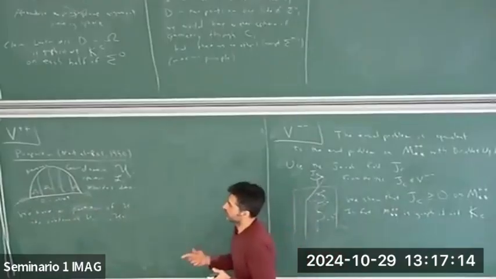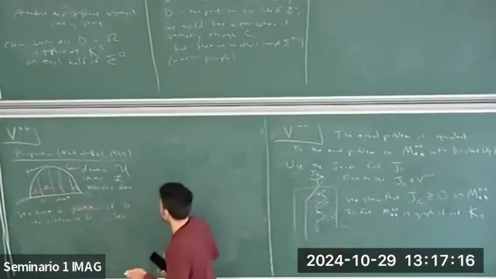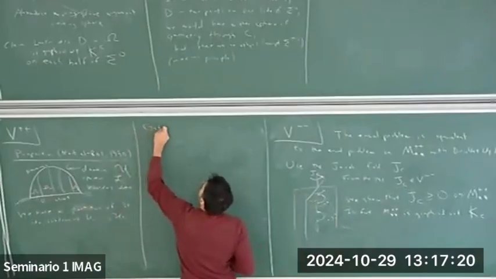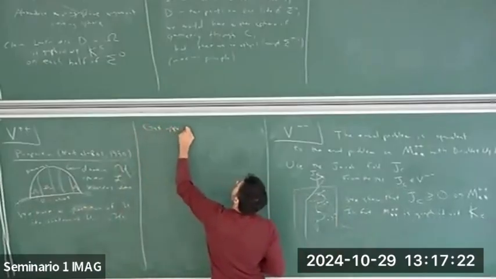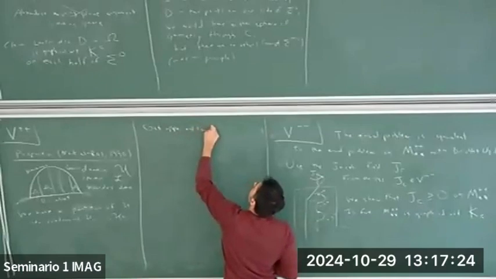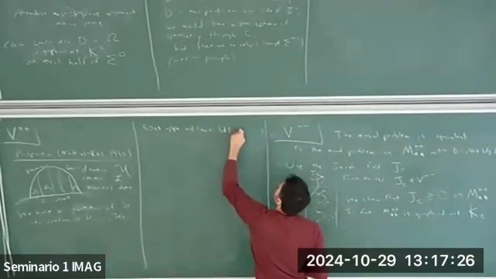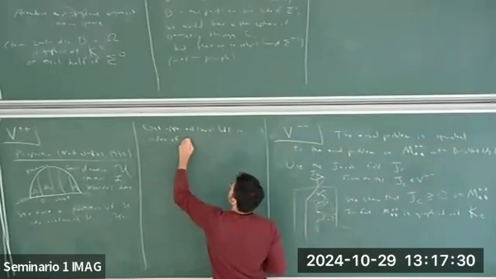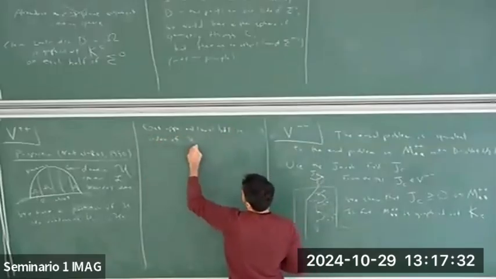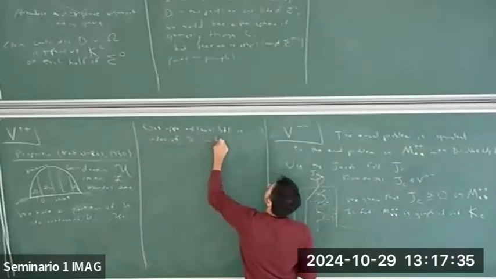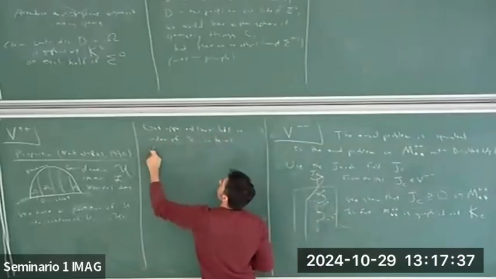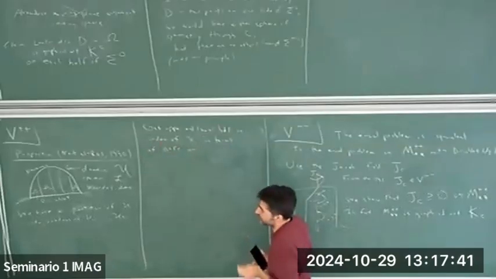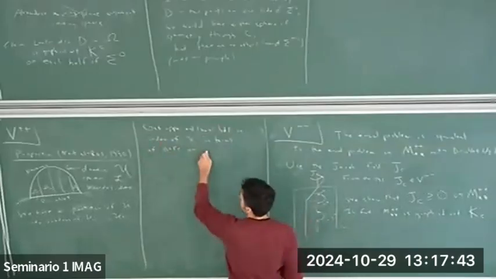And to do that, we look at boundary value problems on the subdomains, so we get bounds in terms of the eigenvalues for boundary value problems on subdomains.